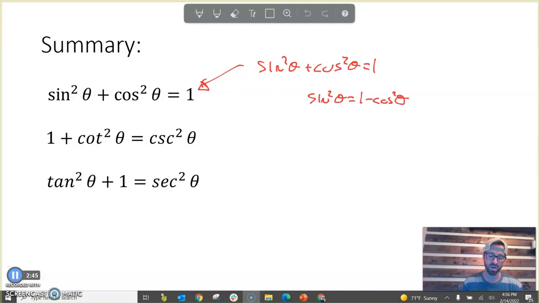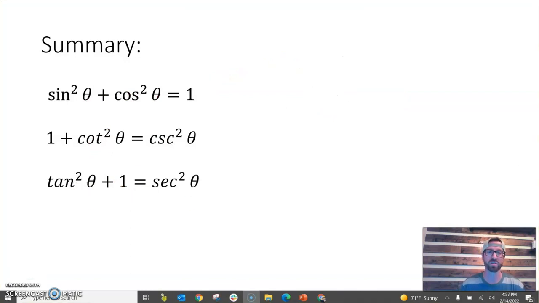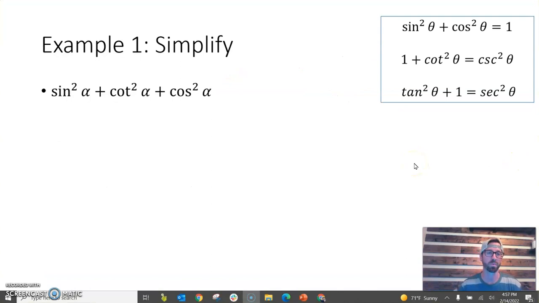So if you see an expression that looks like this, you might need to substitute it out for sine squared theta. So you might be using some manipulation of each of these as well. But the more problems you do, the better you'll get at it. So let's jump into our three example problems.